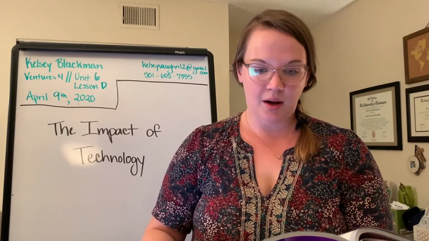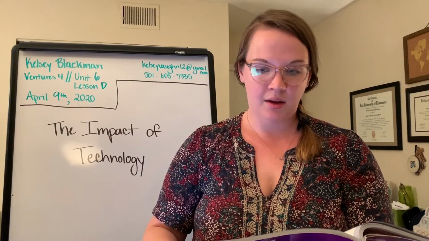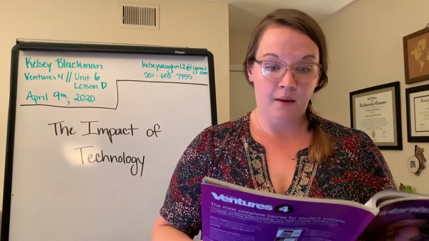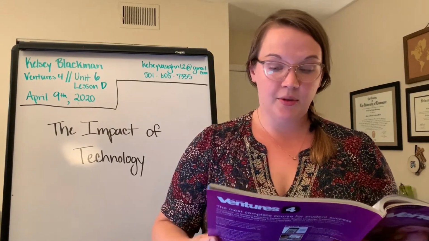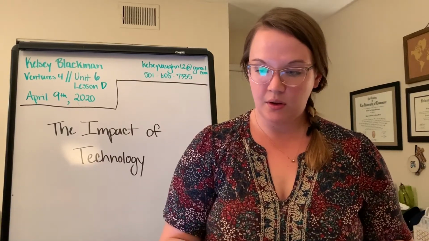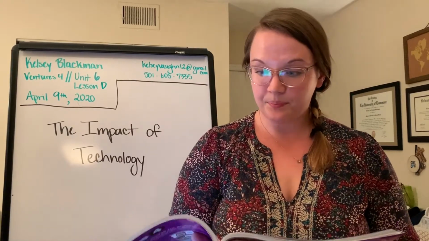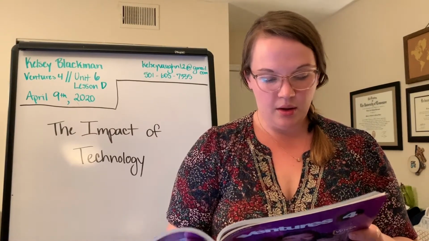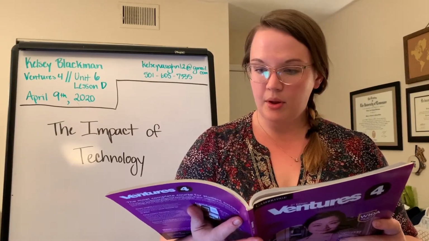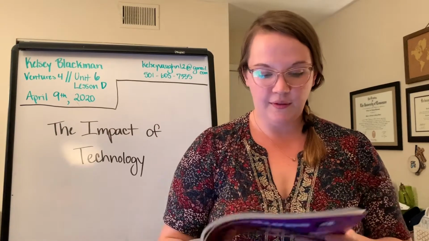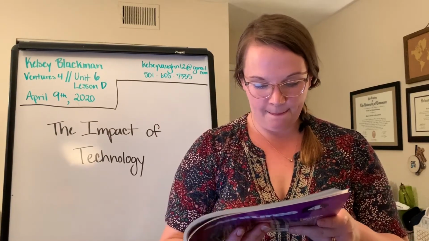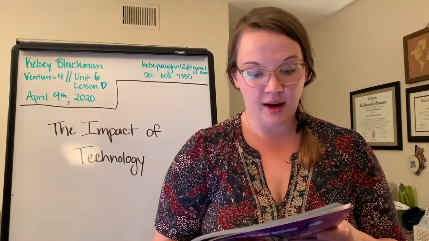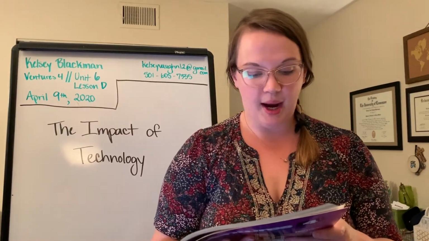So, we were on number 4. So the text provides examples for media. The example given for media, when we first see media in the reading, it says technological changes have also impacted the media.